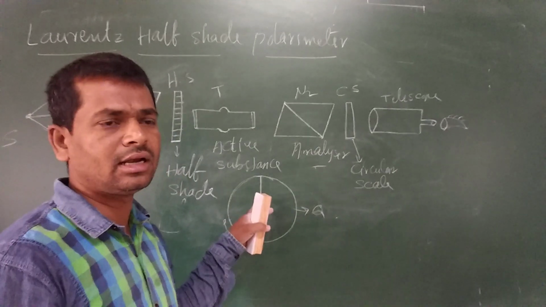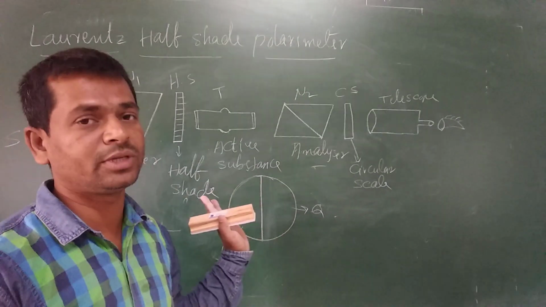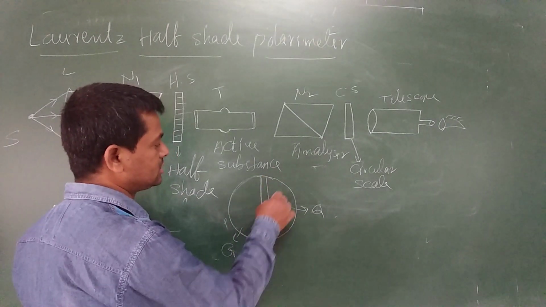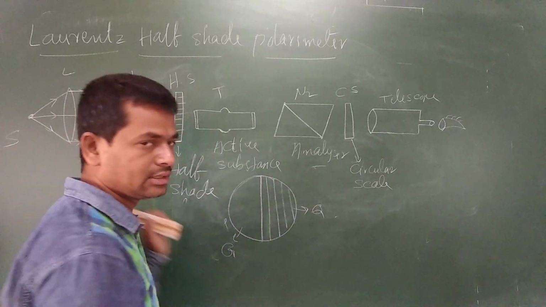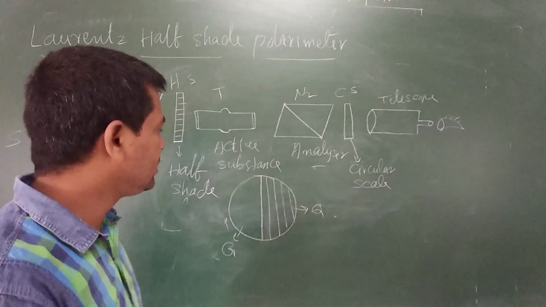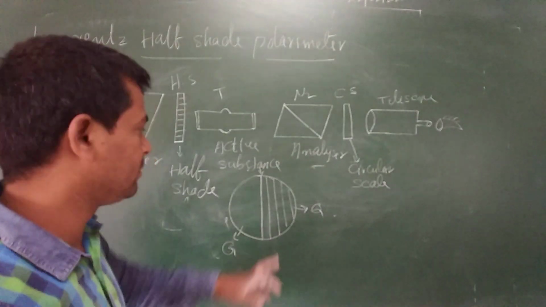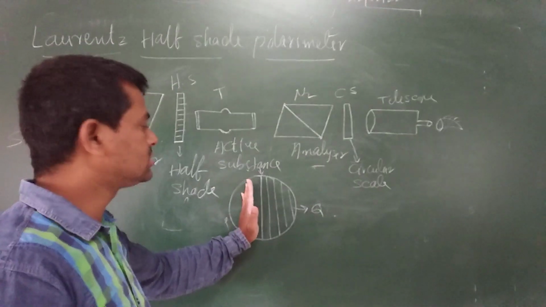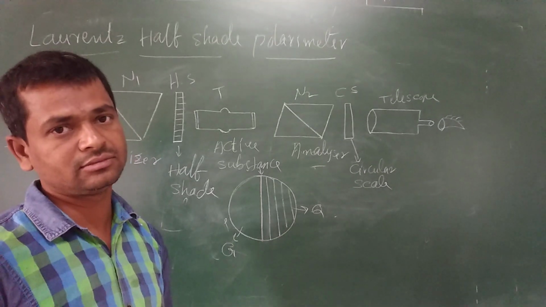So the glass plate doesn't have any optic axis, but the quartz plate has an optic axis. Their optic axis is parallel to this diameter, like this. When the light comes along the interface, or along the joining, then this half and this half appear with equal brightness.